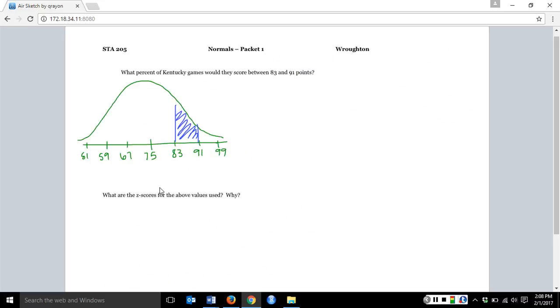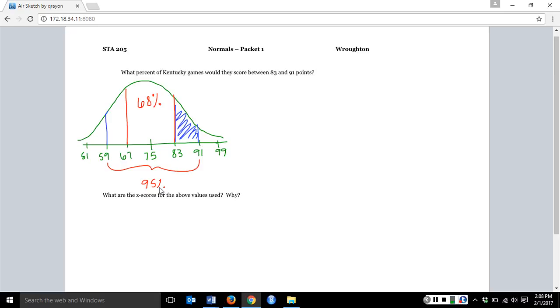So I would know that if I went between 67 and 83, that's 68%. I also know that if I went from 59 to 91, I get a total of 95%.